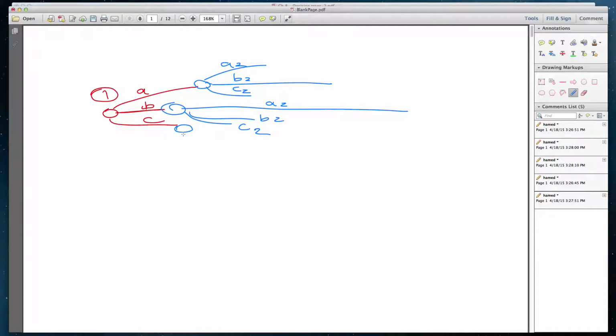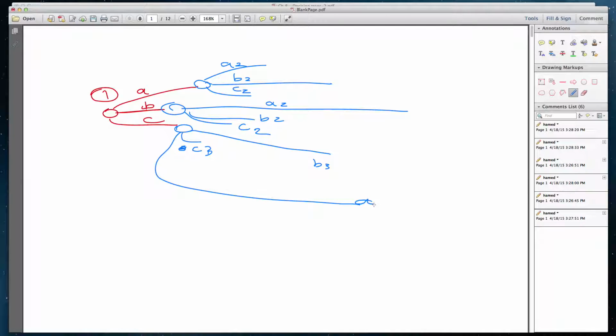And then we have this one, which is C1, C3, B3, and A3. Okay, it's better that I do it backward. Okay, A3.